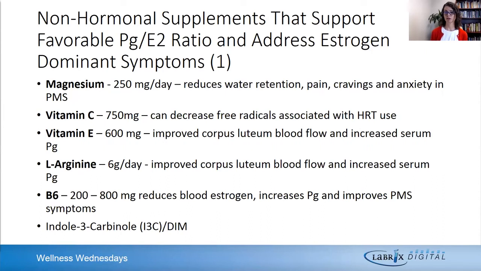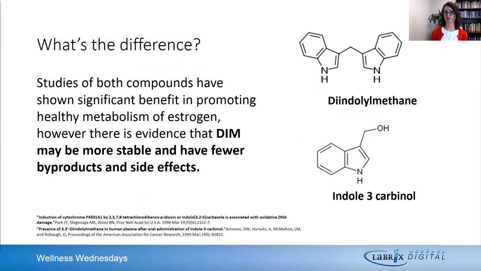I'm going to talk a little more in detail about indole-3-carbinol and DIM. These two compounds have both shown a benefit in promoting the healthy metabolism of estrogen, and there's evidence that DIM may be a little more stable and have fewer byproducts and side effects.